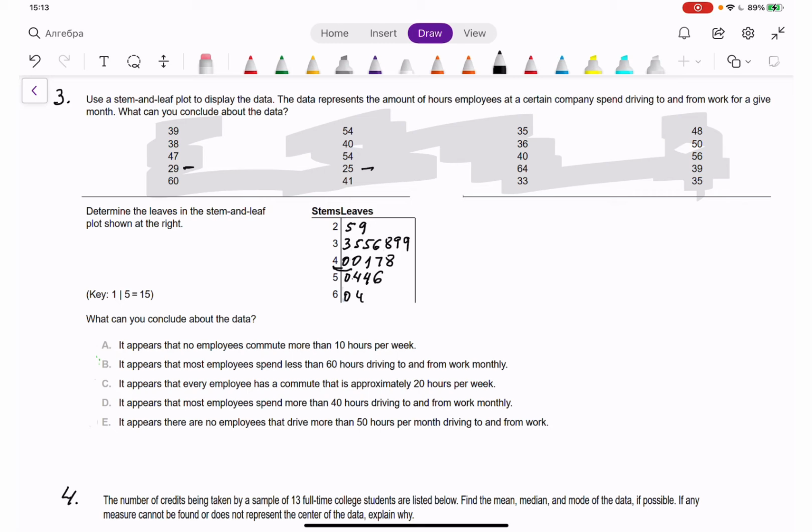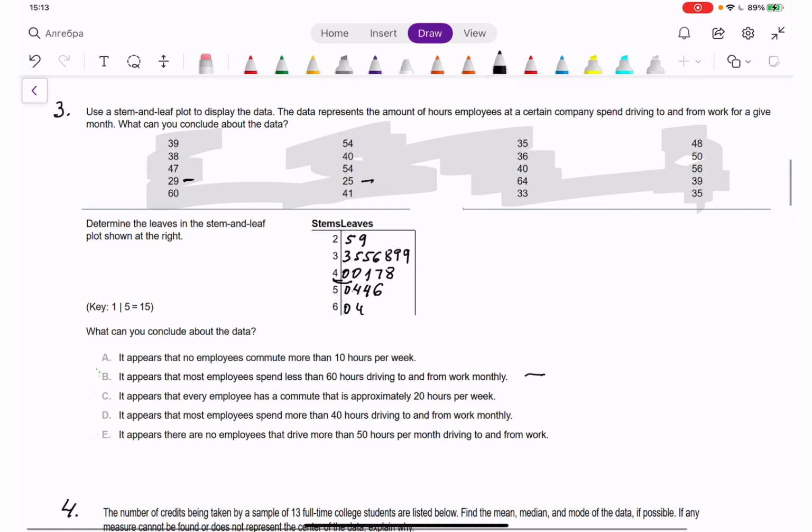It appears that most employees spend less than 60 hours driving to and from work monthly. So maximum we have 60, right? The most employees, well, here it is, the whole hour.